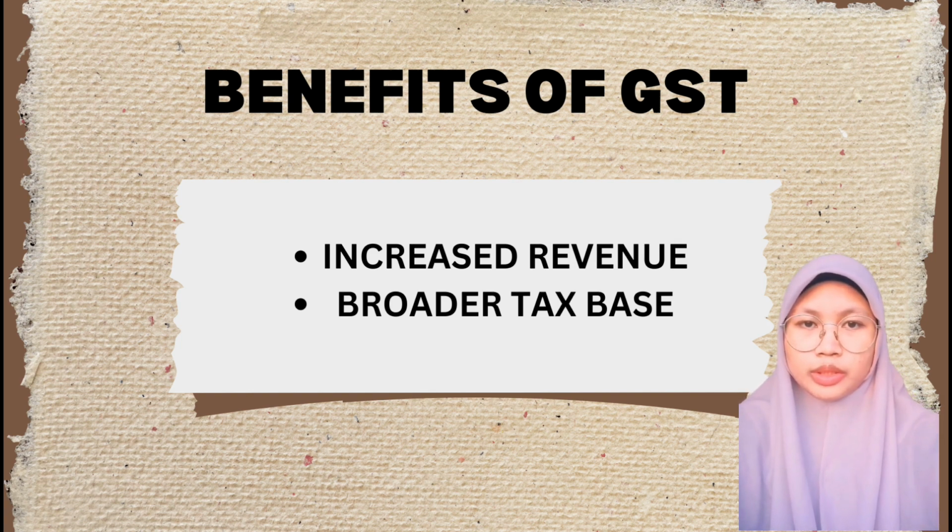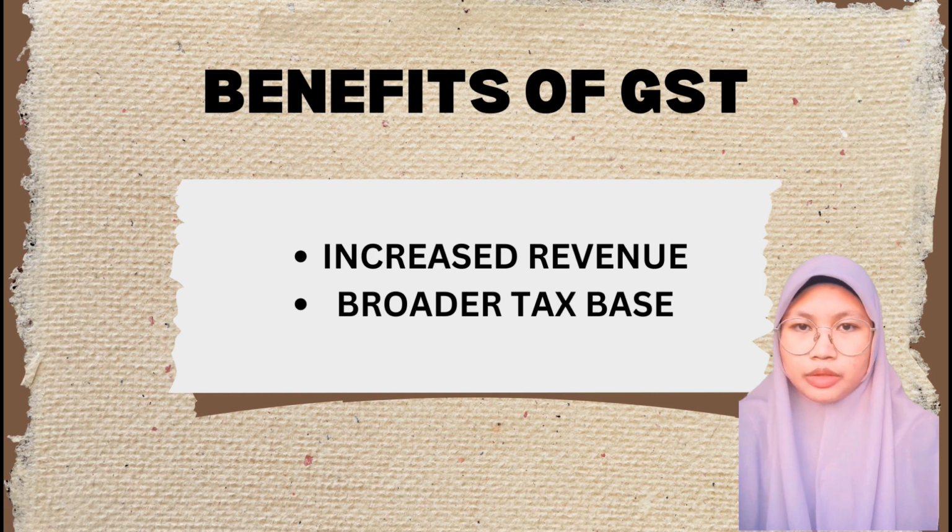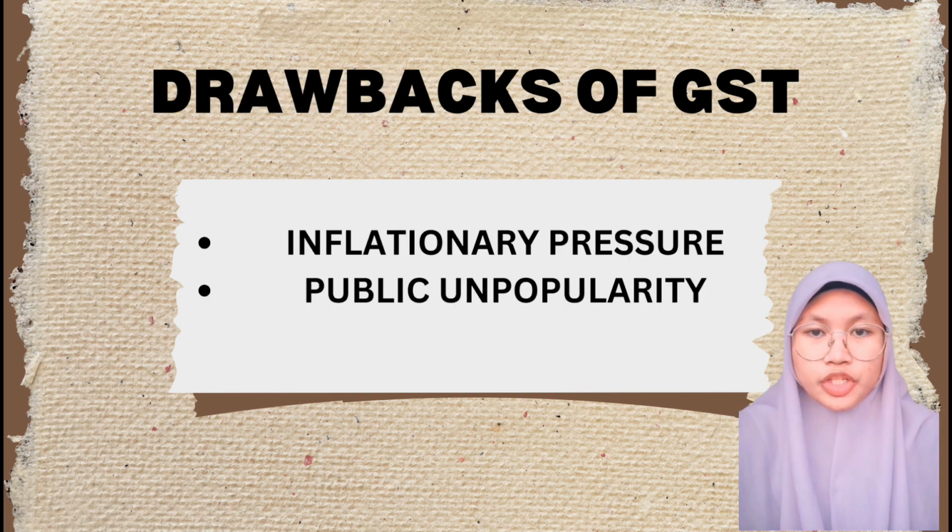GST boosts annual tax revenue to 44 billion Malaysian ringgit, providing a significant financial injection for the country. Second, broader tax base. By applying to a wider range of goods and services, GST aims for more equitable taxation. Next are the drawbacks of GST.